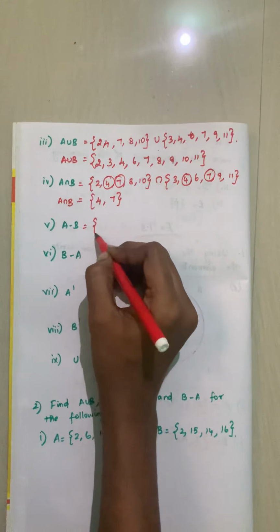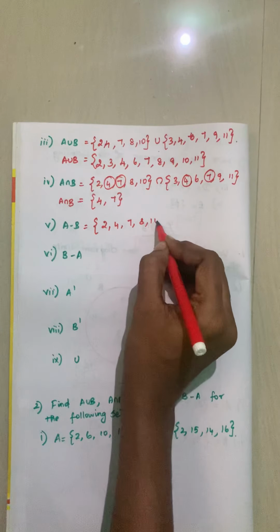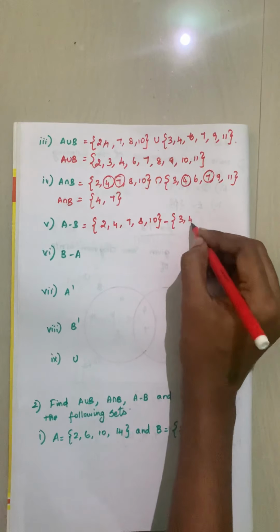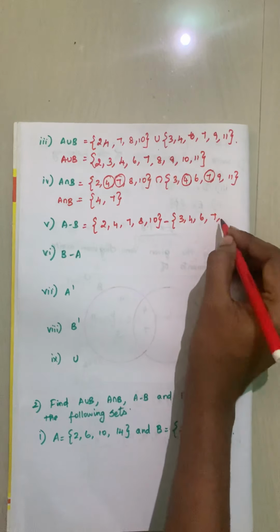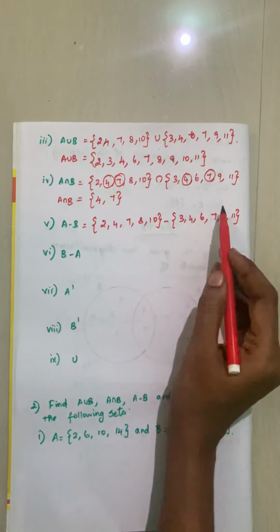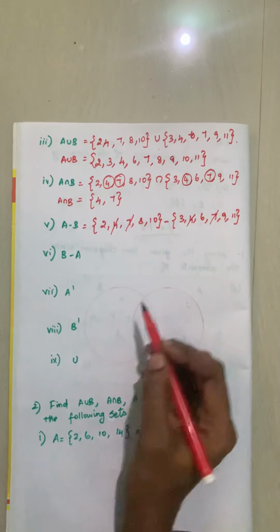Next is A minus B. Write the A part, 2, 4, 7, 8, 10, minus 3, 4, 6, 7, 9 and 11. Common terms you cancel: 4, 4 and 7, 7.